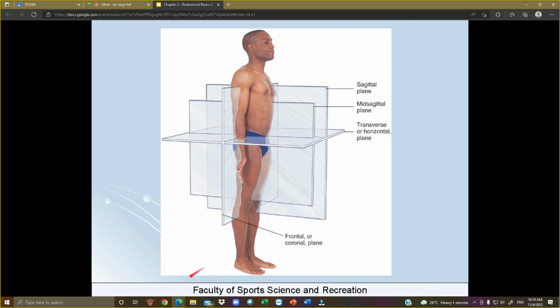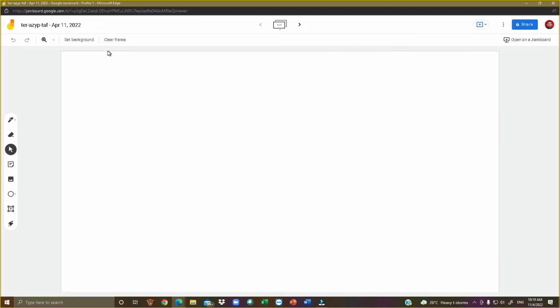Okay, axis itu apa? Paksi itu apa sebenarnya? Nama Melayu dia is paksi. Kalau kita ada satu bulatan, kita akan ada satu pusat bulatan where the rotation occurs around it.